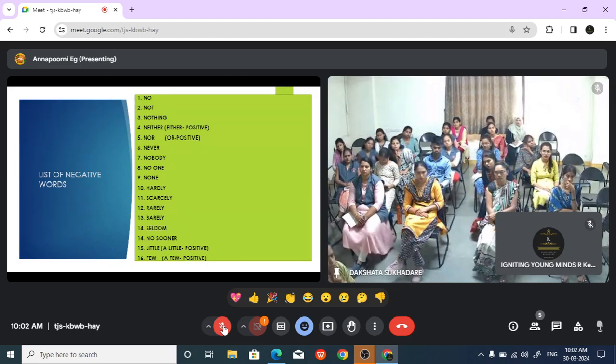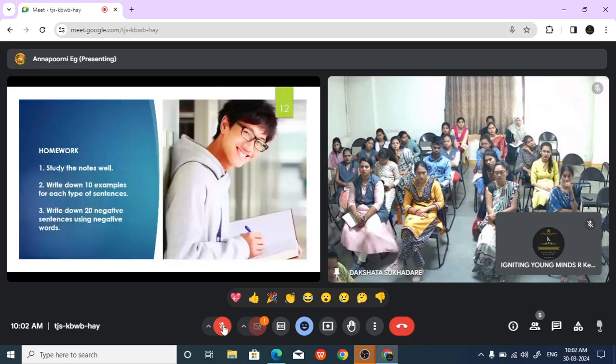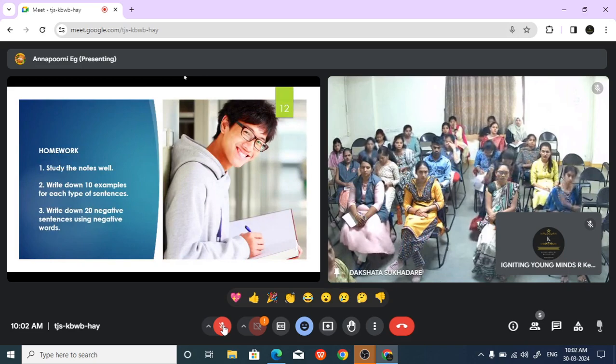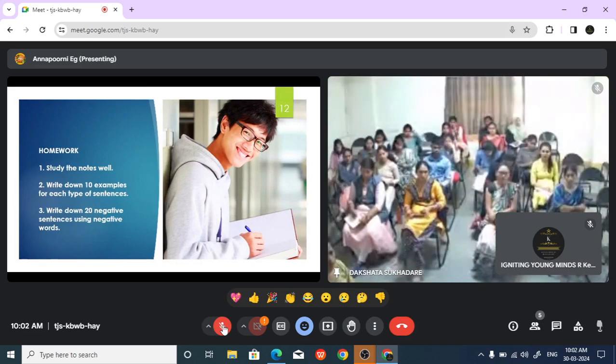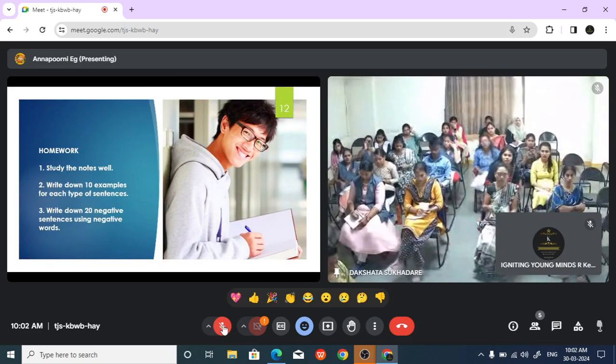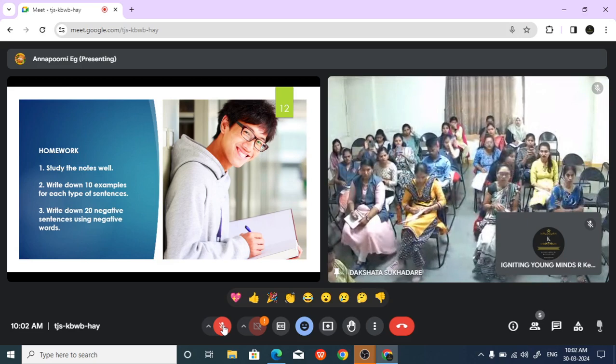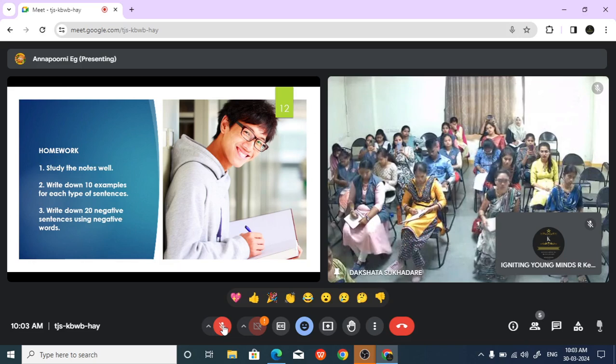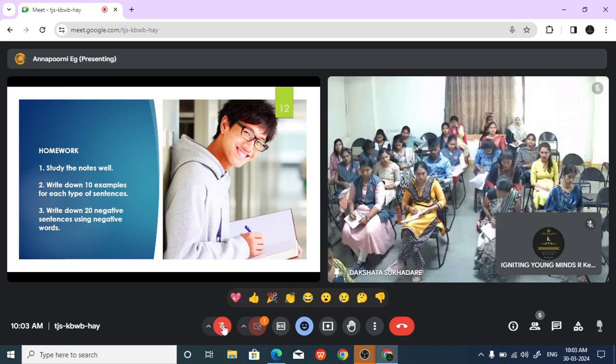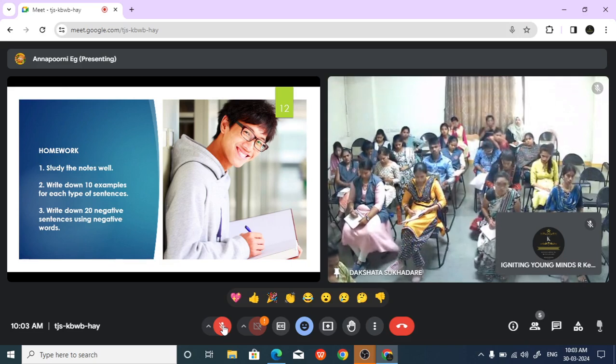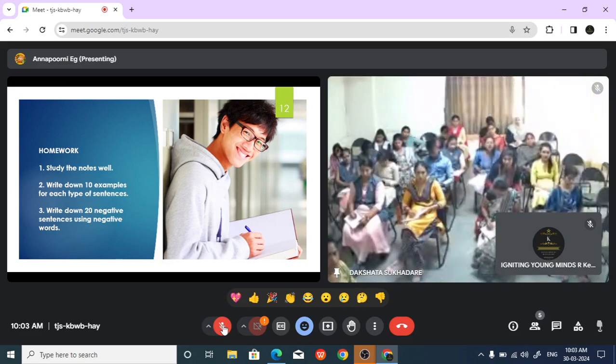So I would like to give you a homework. Study the notes well and then write down 10 examples for each type of sentence. You can take your time, just take a week and then complete it. We studied five types of sentences. Out of that, you can leave positive and negative, and under assertive, interrogative, imperative, and exclamatory, try writing 10 examples for each type.